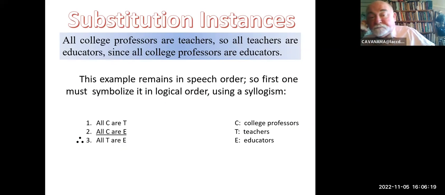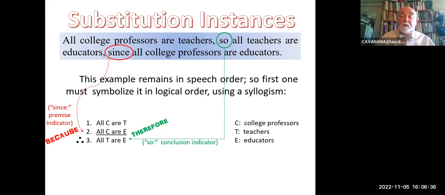Here's another example. All college professors are teachers, so all teachers are educators, since all college professors are educators. Okay, here we have speech order rather than logical order. So we're looking for our indicator words, trying to symbolize it in logical order, and we have the word so, which is a therefore word, and the word since, which is a because word.